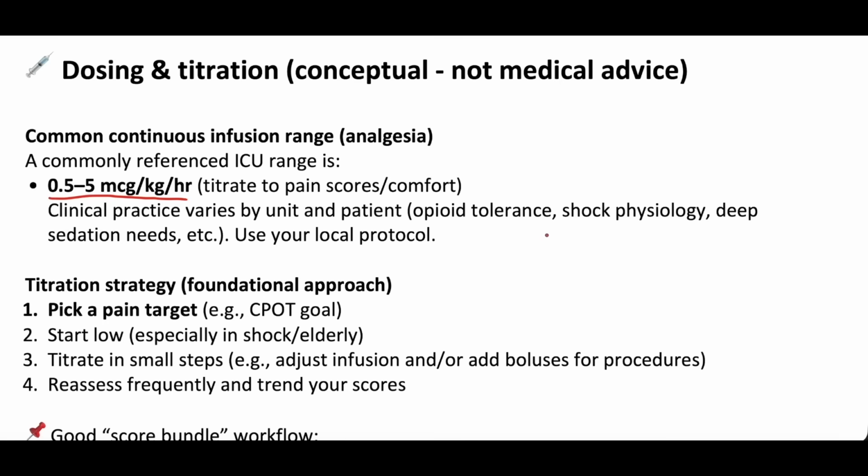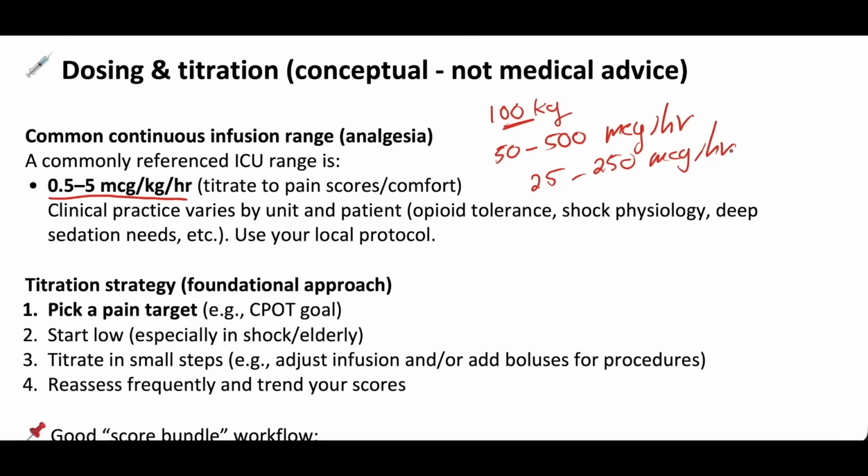And if you really think about what this means, if we were to make someone 100 kilograms, right? So this would be 50 to 500 micrograms per hour for someone 100 kilograms, which is someone overweight, right? If we were to decrease that to 50 kilograms, it'd be 25 to 250 micrograms per hour.